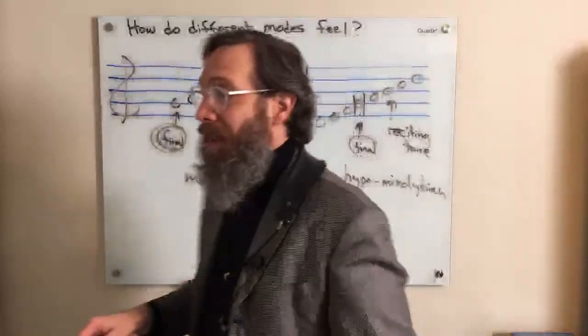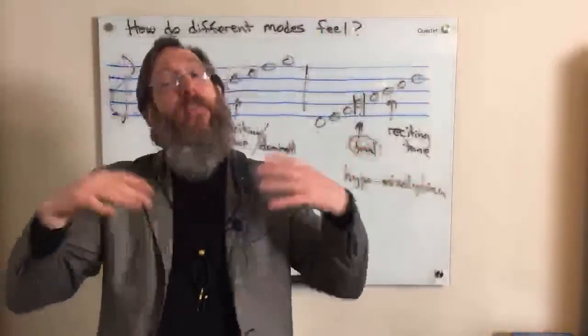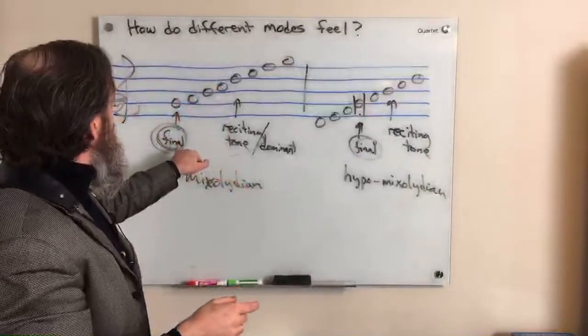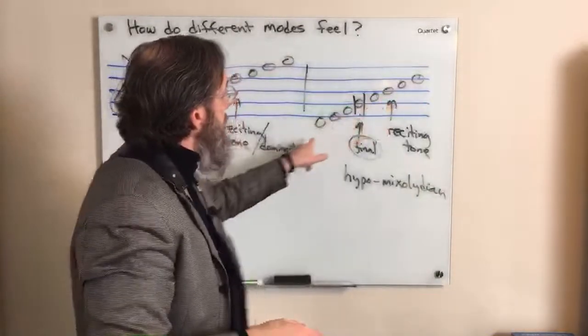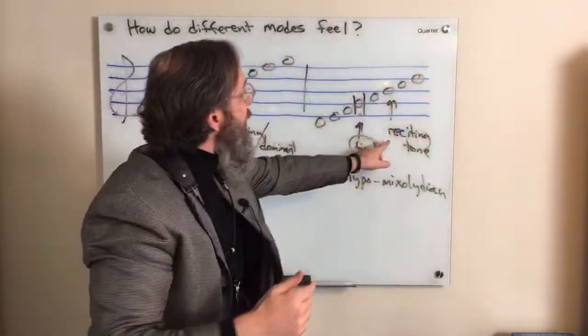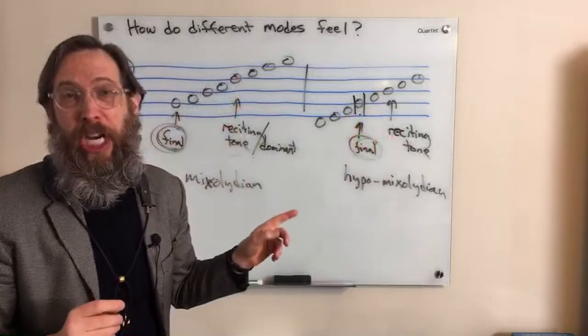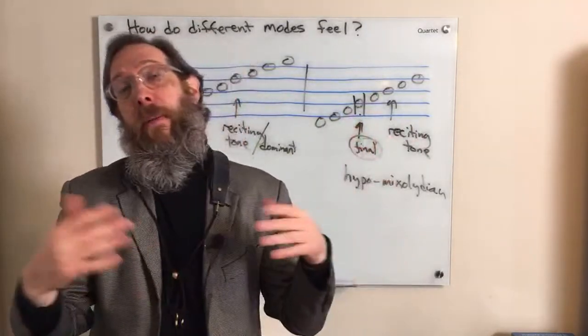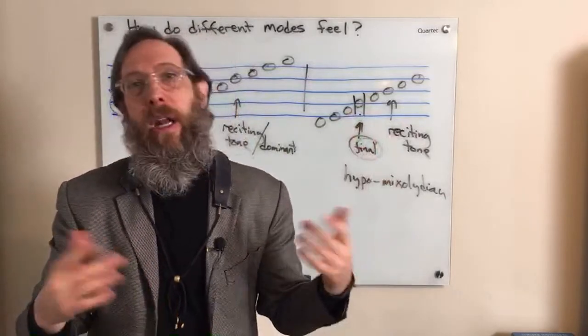So I think that's some of the fundamentals of what goes into the hypo modes. The range changes, so what the lower note and the higher note are, and then the secondary focus changes a little bit as well. And that's what distinguishes mixolydian mode from hypomixolydian. They have Ionian, hypoionian.